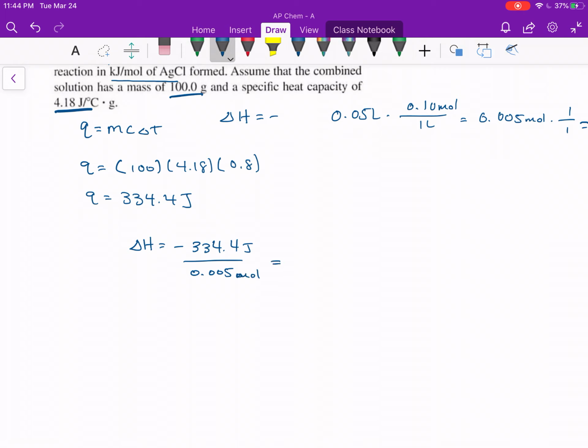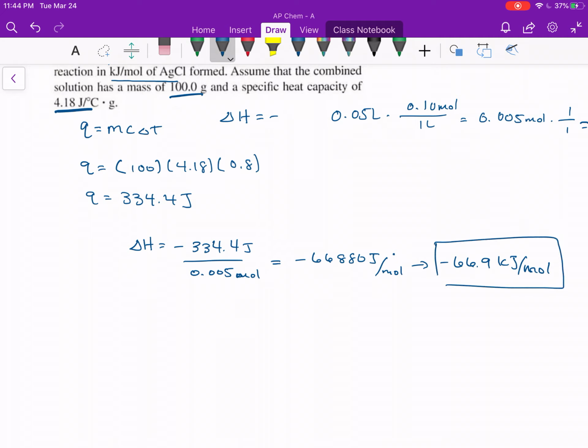That's going to give us a negative 66,880 joules per mole. Oops, sorry, I lied. That would be joules per mole, which we then would convert to our negative 66.9 kilojoules per mole. So that's how we would work number 61.